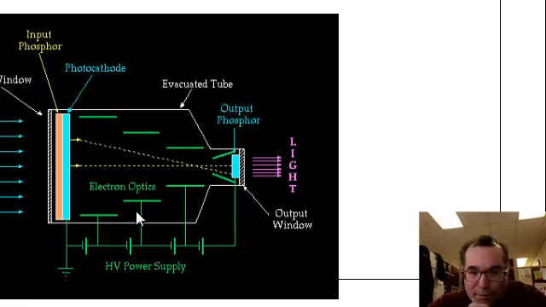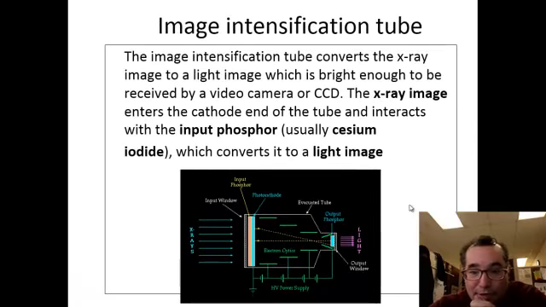So we're going to kind of condense that beam, squash it a bit, and it's going to hit this output phosphor, which you can see is much smaller in diameter because they are circular in nature. So everything in here is kind of like a circle as a cylinder. And again, we're going to have a conversion, except now instead of X-rays to light, we're going to turn these electrons to light. And they're going to exit this output window, and as mentioned, they will be received by either a video camera or a charged coupled device.